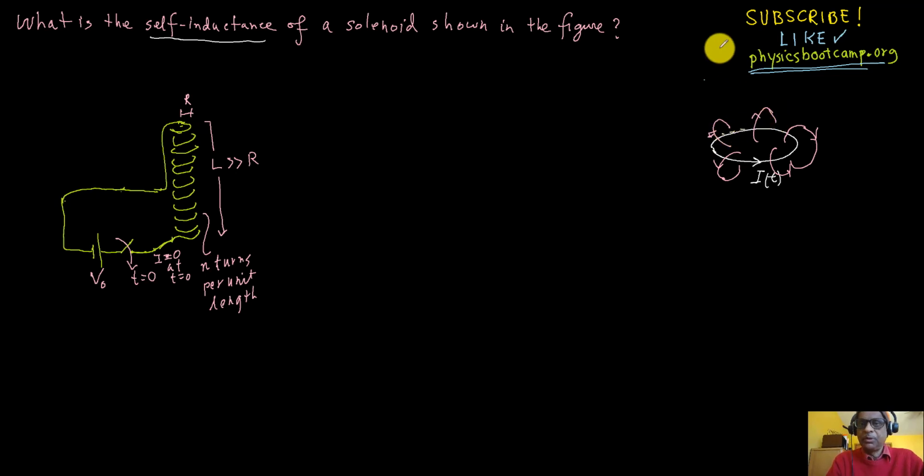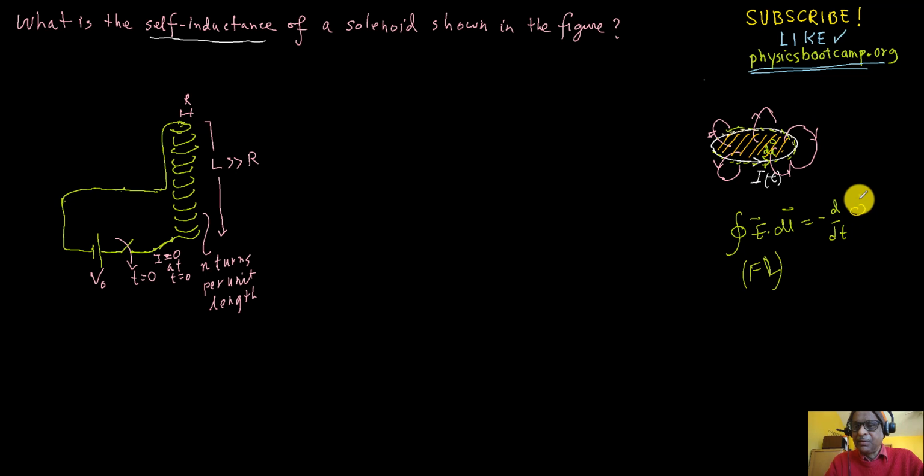If I look at this loop, which is a loop in space, and say I go along in the same direction as the current, so this is my dl, and I do E dot dl, then by Faraday's law you expect this to be minus d/dt of the magnetic flux going through that area.